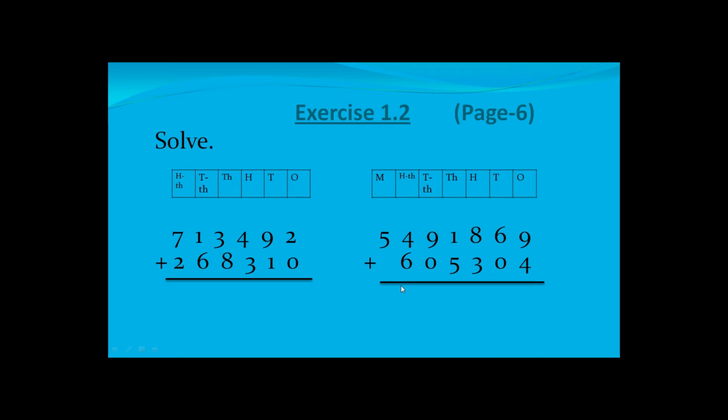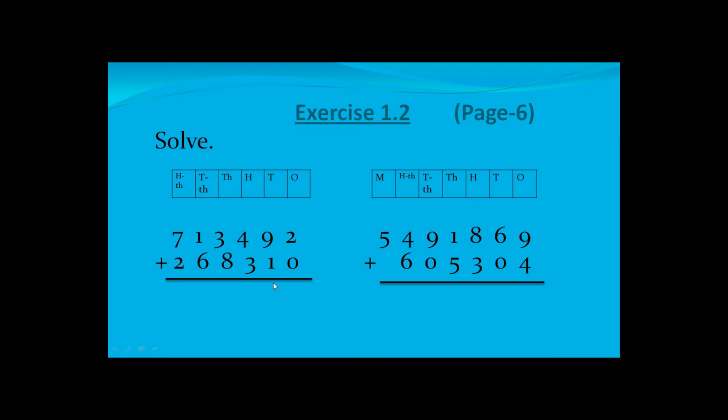So my dear students, as you can see over here, there are 6-digit values. So for a 6-digit value we will just have 6 place values, and the 6 place values are ones, tens, hundreds, thousands, 10,000s, 100,000s, and you have to write accordingly according to their place values. Now we have to add them.